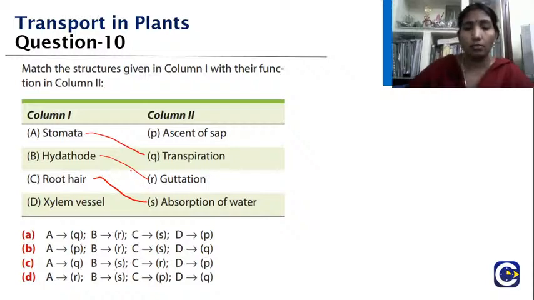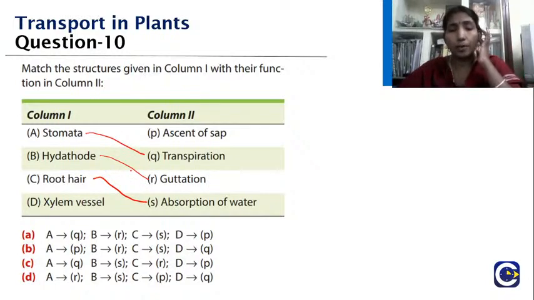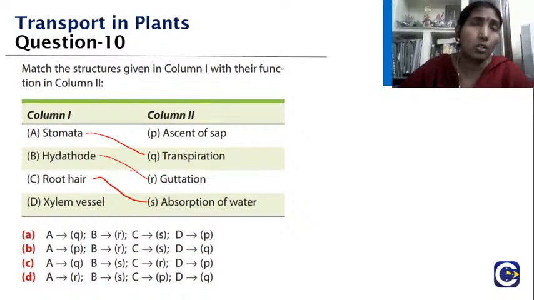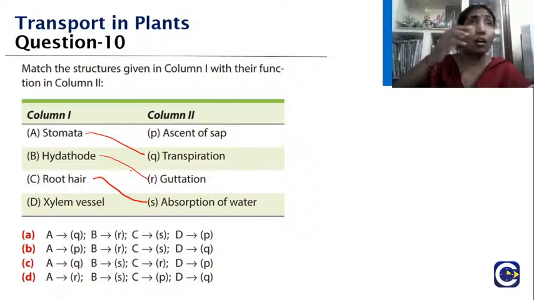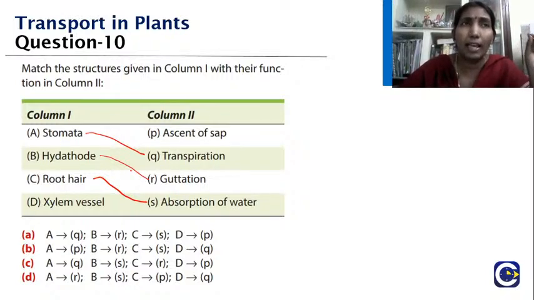What is guttation? While transpiration relies on the stomata, guttation is with the hydathode. There will be exudation of drops of xylem sap on the leaf margin. You can particularly observe this in winter months, or when you go to a hill station, beautiful it will be. The leaves will have those drops.